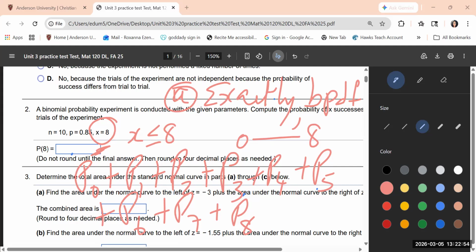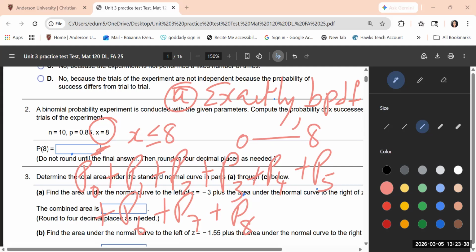I can find them individually if I want to. Remember that P5 is equivalent to 10 combination 5, success 0.85 to power 5, failure 0.15 to power 5. And P6 is the same as 10 combination 6, success to power 6, and failure to power 10 minus 6, which is 4.